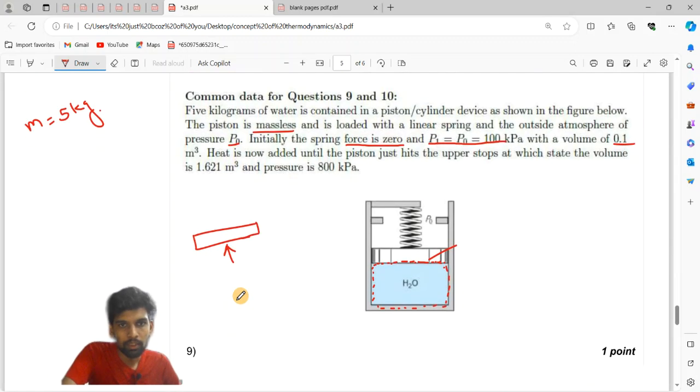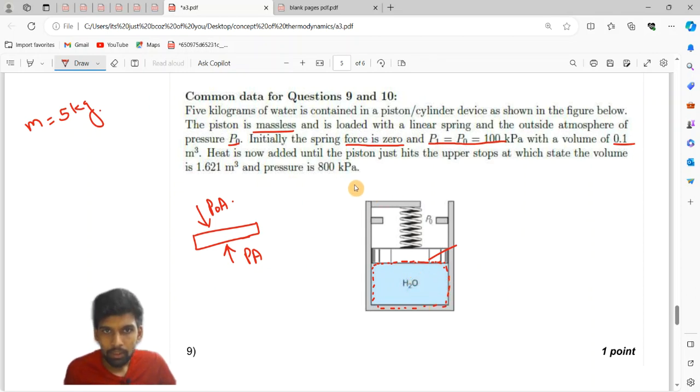Coming back to here, this is our inside pressure times area. Similarly, outside pressure times area, and since it will expand after heating, heat is now added.